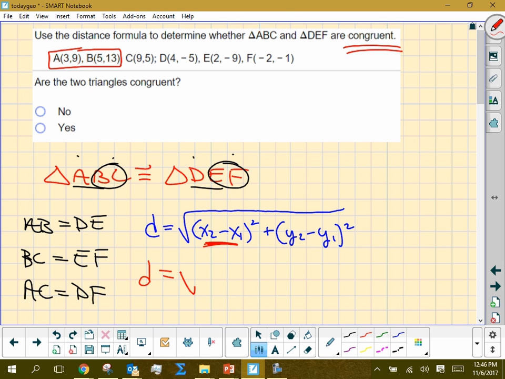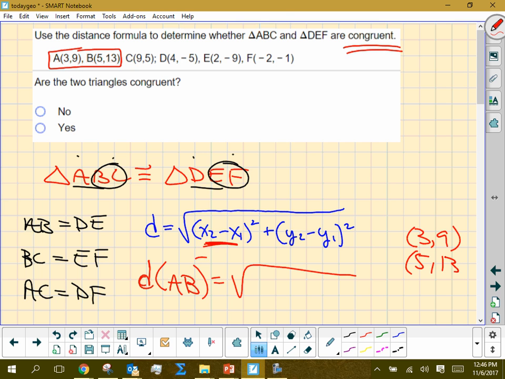So what I will do, when I want to find the distance of AB, we'll write it this way. A lot of times when we find the distance of something, in the parentheses we'll put what that segment is. So distance of AB. I'll take A and B and write them on top of one another. I'll go 3, 9, and then 5, 13.